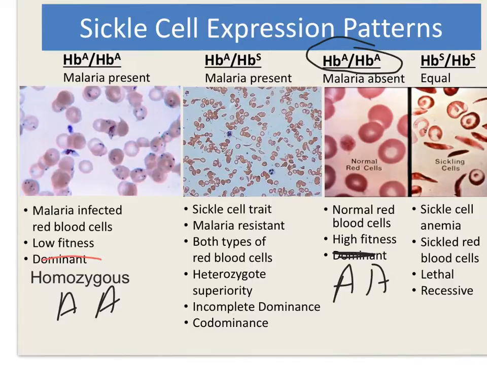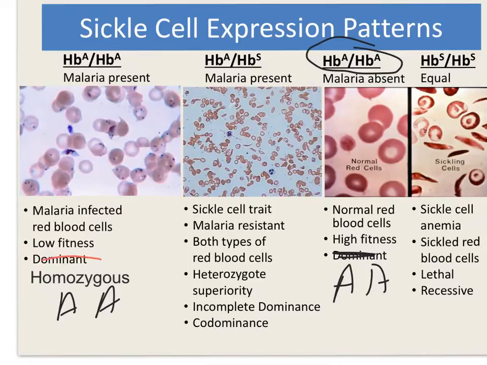So that means that malaria is killing more than 25% of those people in the population. Otherwise, selection wouldn't favor this. It'd be too heavy a cost.